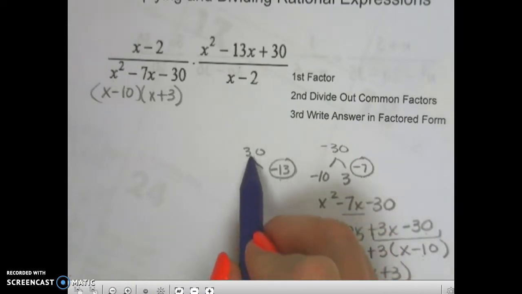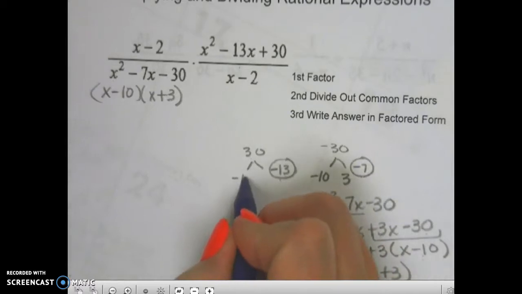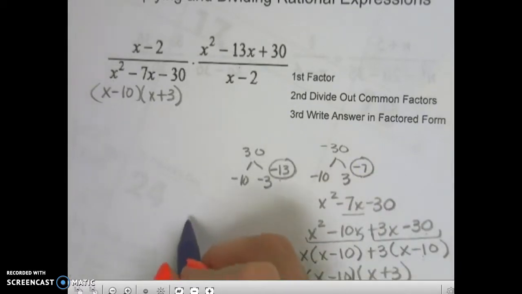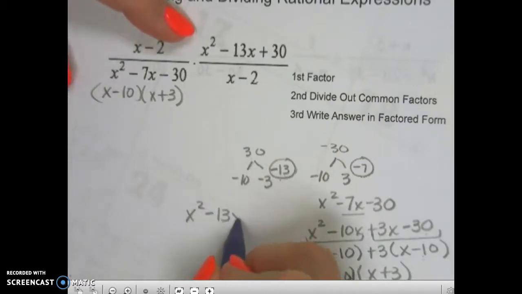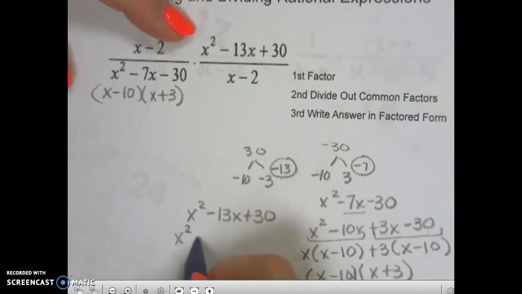Well, since this is positive, they must both be negative. And again, I will use negative 10 and negative 3. So, x squared minus 13x plus 30, I'm going to rewrite using my 2 factors here as x squared minus 10x minus 3x plus 30.